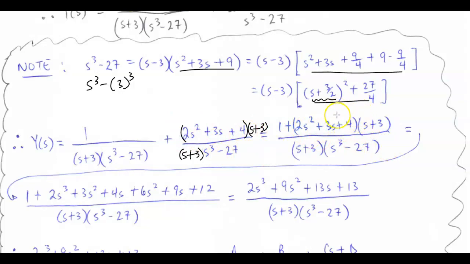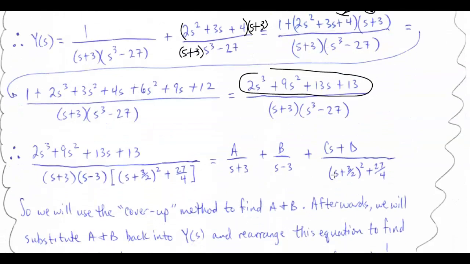And so if we put it together, and of course, multiply these two things together, we'll get all this business here. And of course, that simplifies to this in the numerator. And so now we can say that all of this can be rewritten as these three terms here.